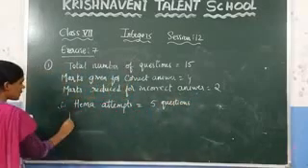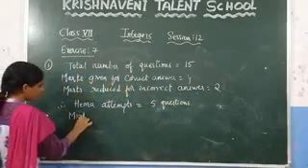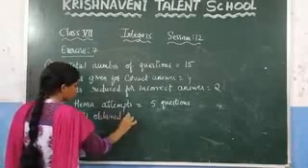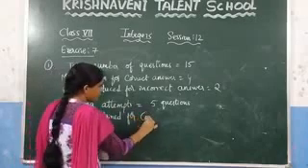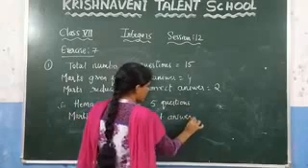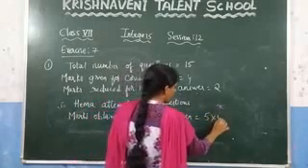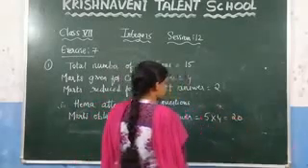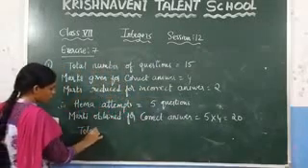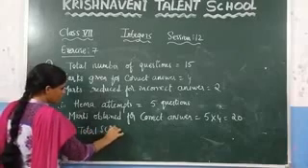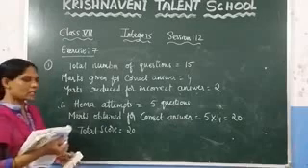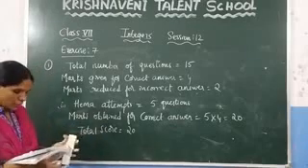So here marks obtained for correct answers. For each correct answer, how many marks are given? 4 marks. So for 5, you have to take the answer as 20. Since she did not write any incorrect answer, there are no marks to be reduced. So the total score will be 20.